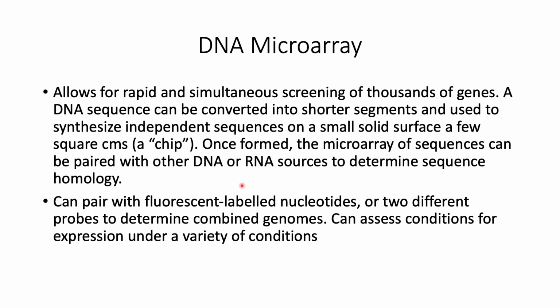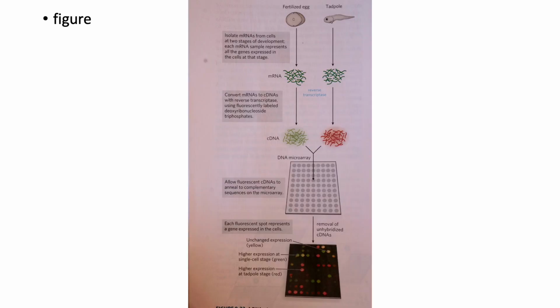You can also pair this with fluorescent labeled nucleotides or two different probes to determine combined genomes. You can assess conditions for expression in a variety of conditions. One example is to take a fertilized egg and isolate messenger RNAs, and each RNA sample expresses all the genes at that stage.